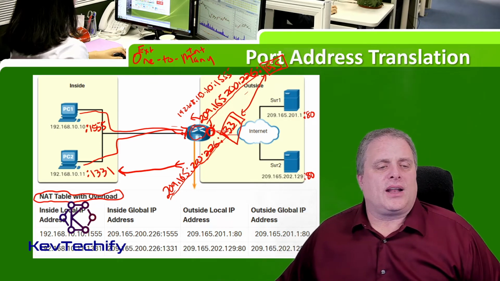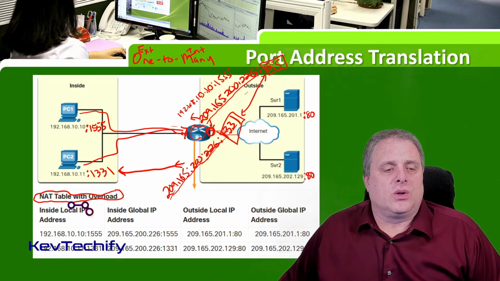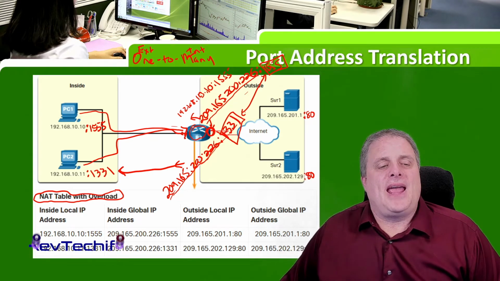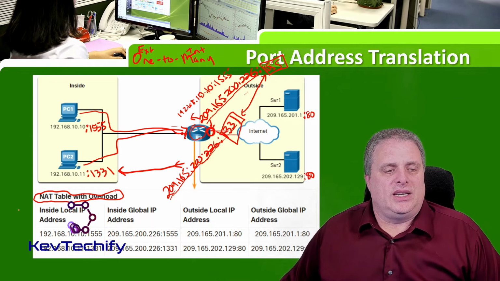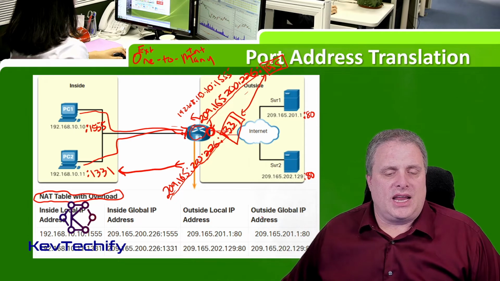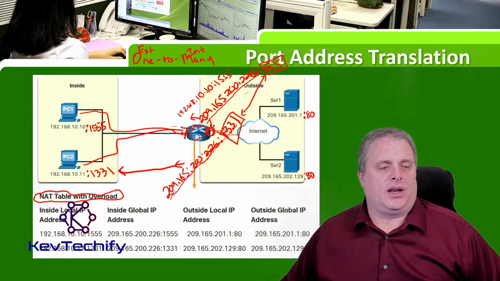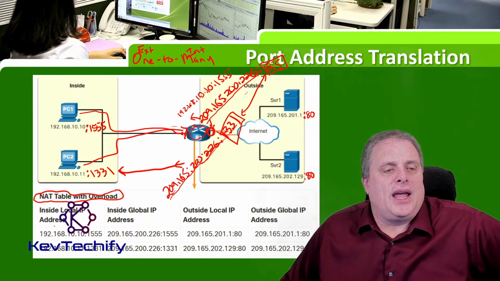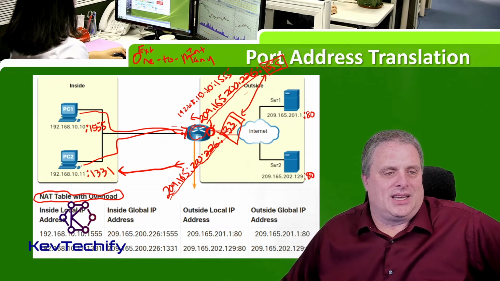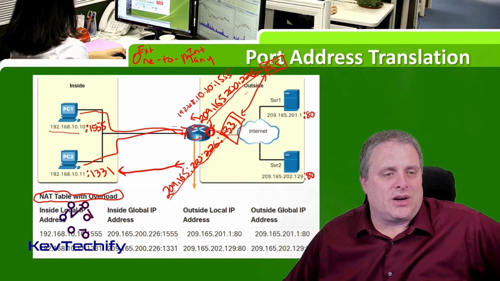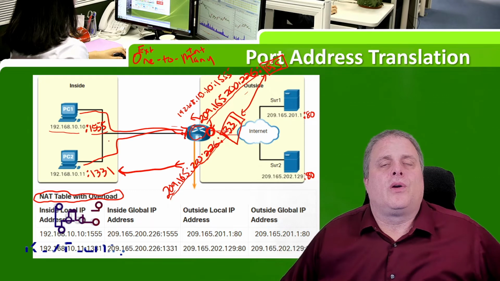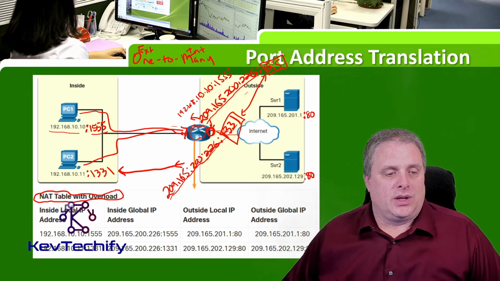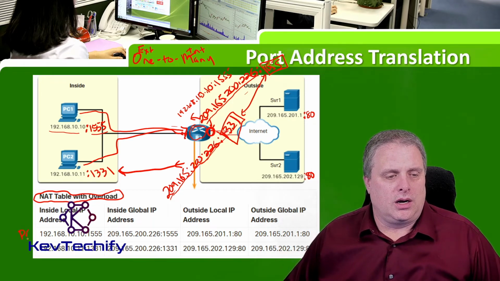When we look at our inside, outside, local, and global IP addresses, we can see down here on this table how they're working right now. So the inside local IP addresses for both of our PCs is the IP address and then that randomly generated port address. We can see this is PC1 right here.